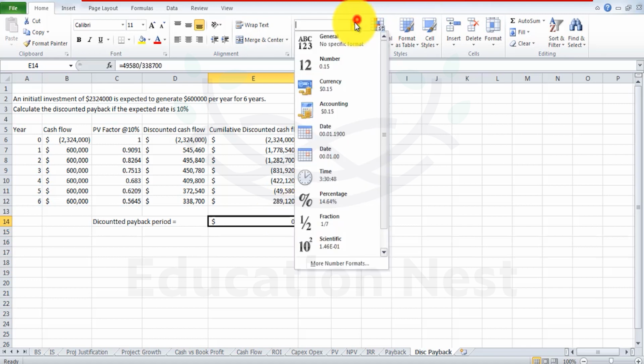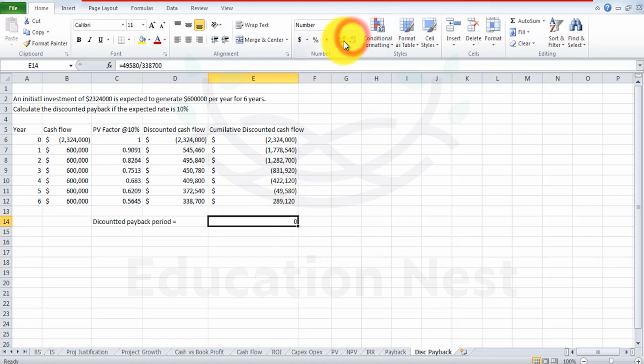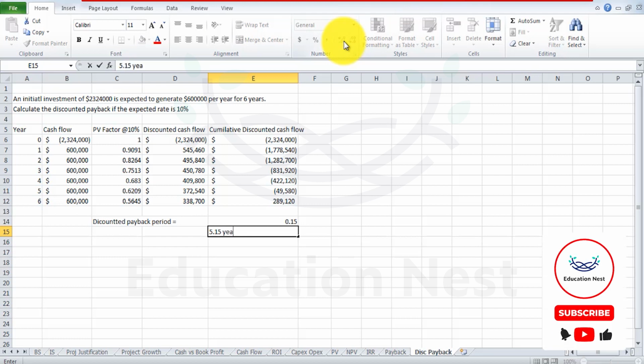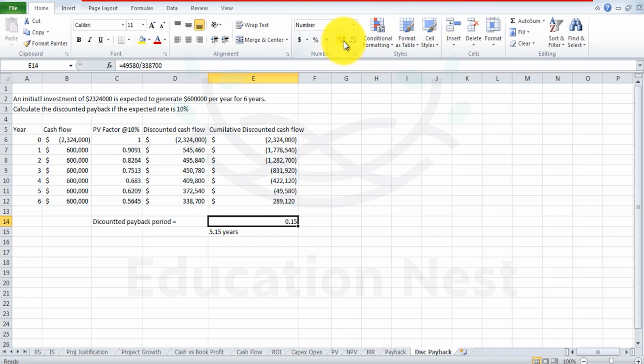That's going to be a fraction of 0.15. So it's going to be 5.15 years. So this is how you get your discounted payback period.